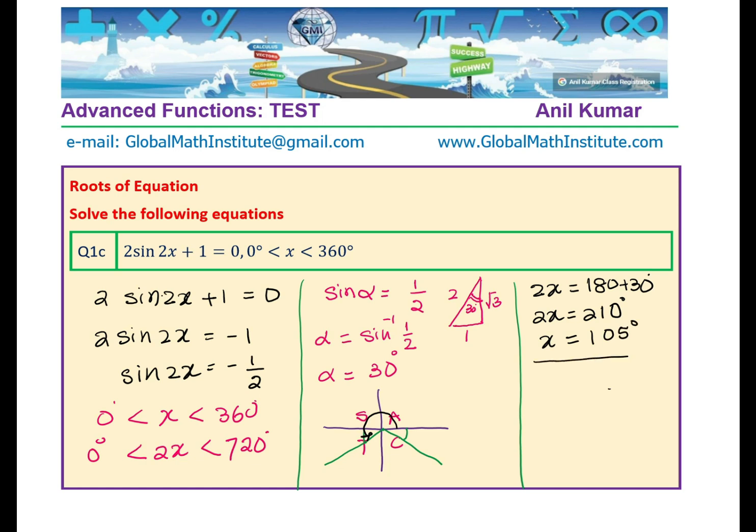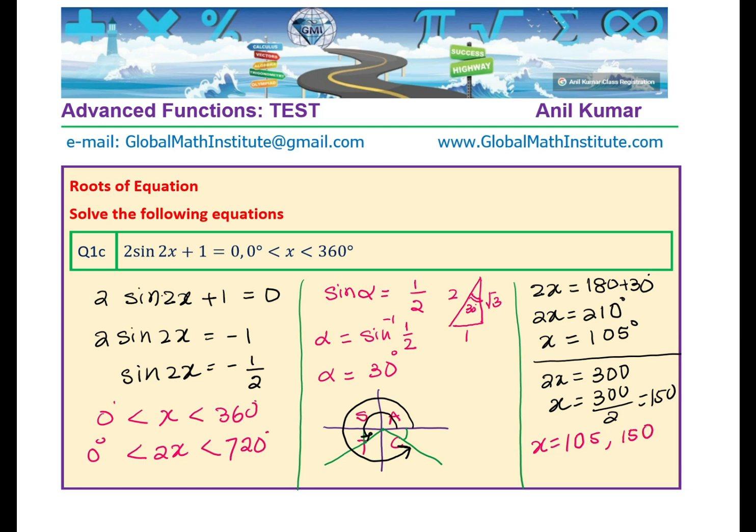That's one answer. And the other one is with this angle, right? 30 less than 360, let me write down directly, 2x equals 300. So x is equal to 300 divided by 2, which is 150, correct? So we have two solutions for this. One is x equals 105 and the other one is 150.